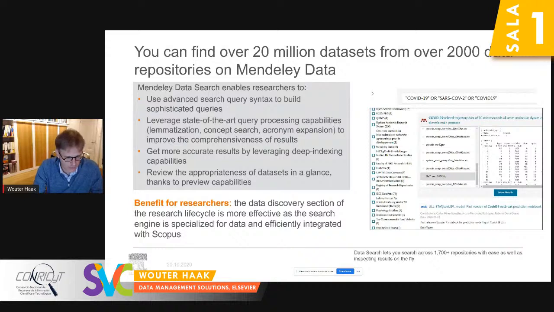And you may not only find results that are immediately logical, but also some results that you may not have thought about. So for any researcher, we provide this data search engine because we think it's important that data is not only shared, but also findable.